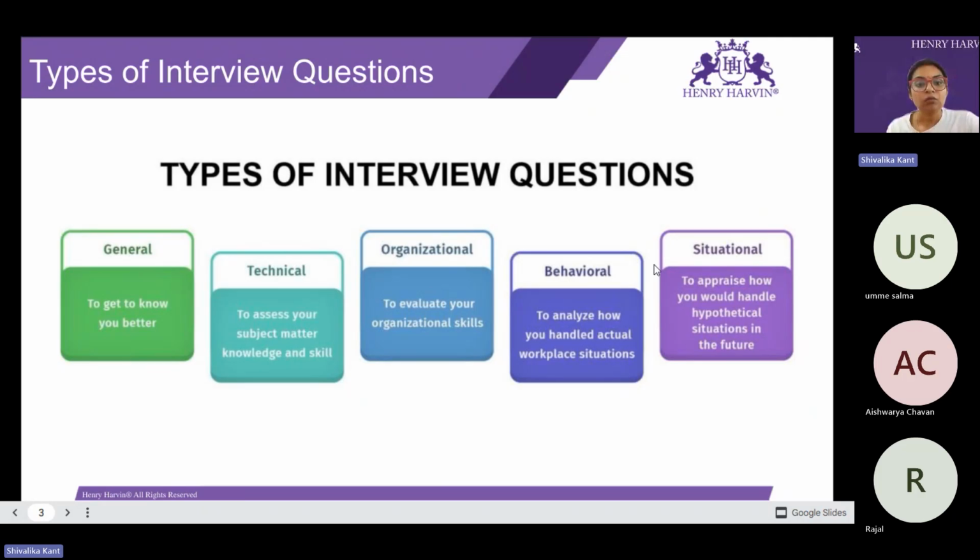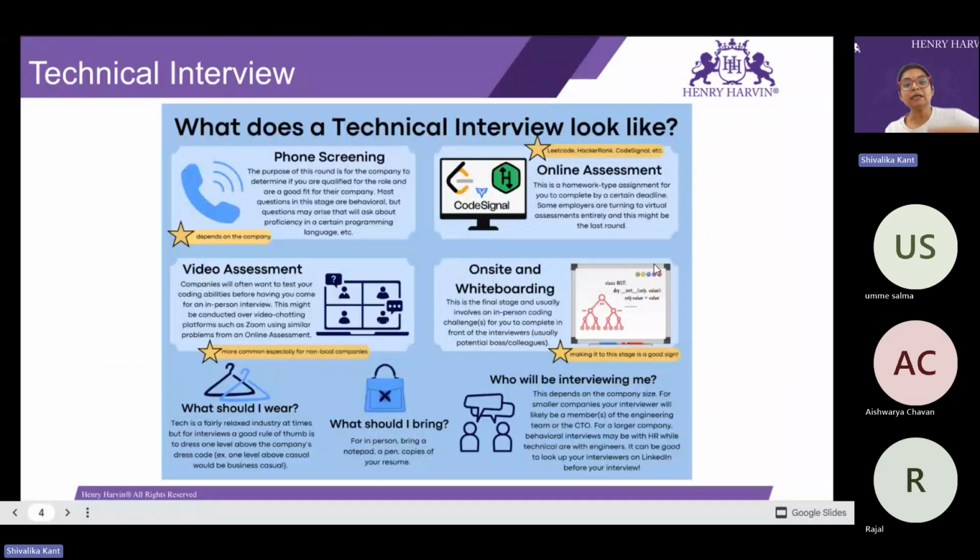When we talk about the technical interview round, it is designed to assess your understanding of the subject, your analytical thinking, and your practical application of technical knowledge. So how does the technical interview look?